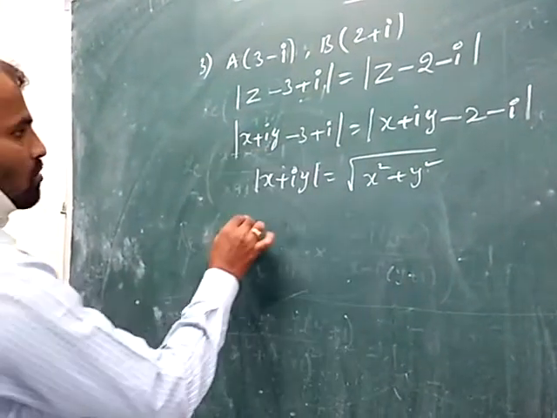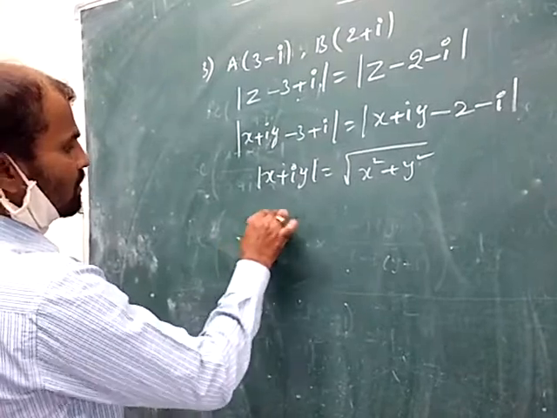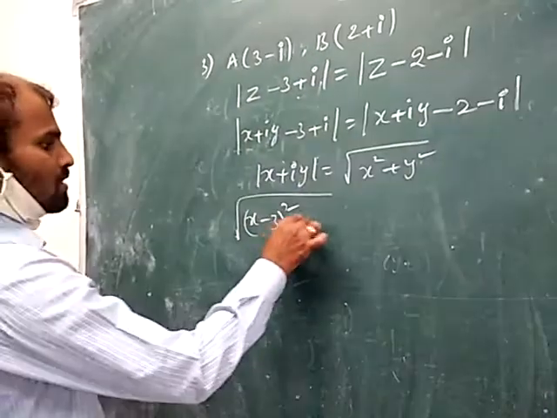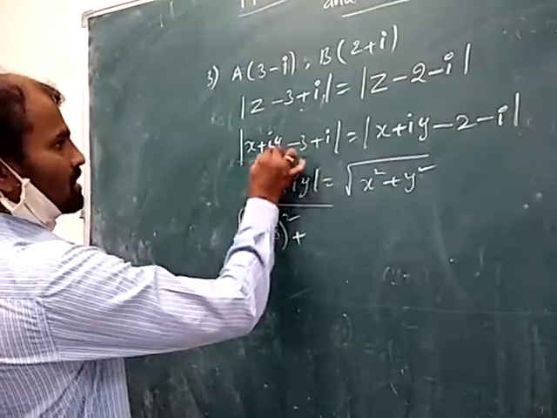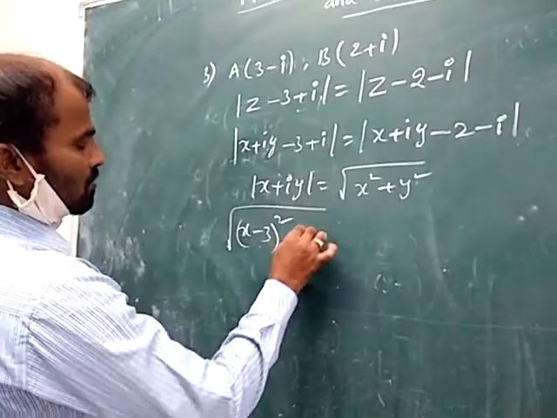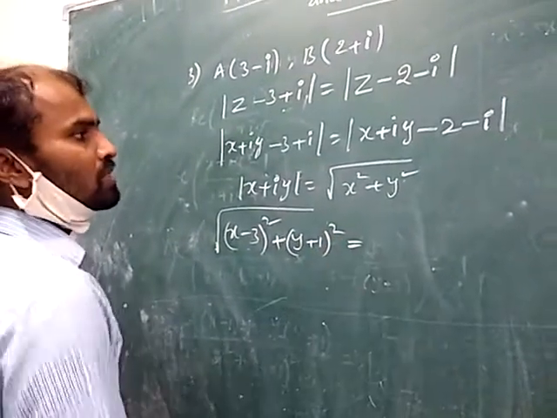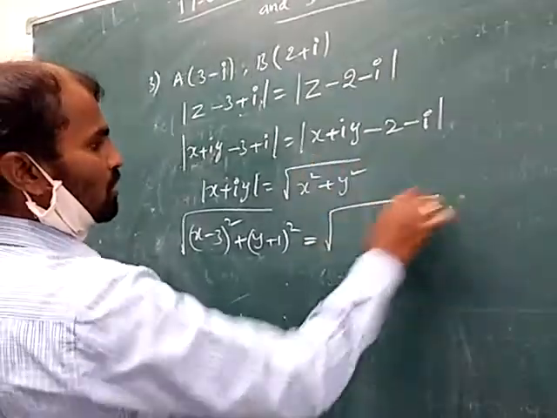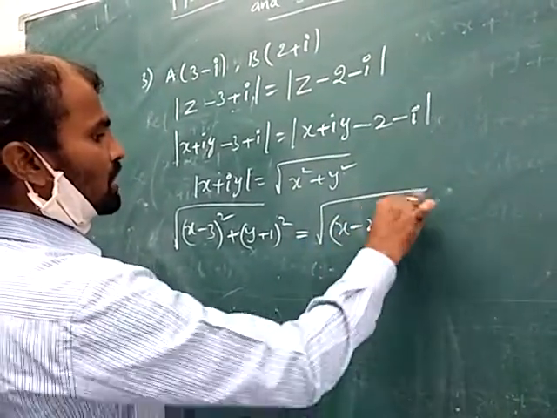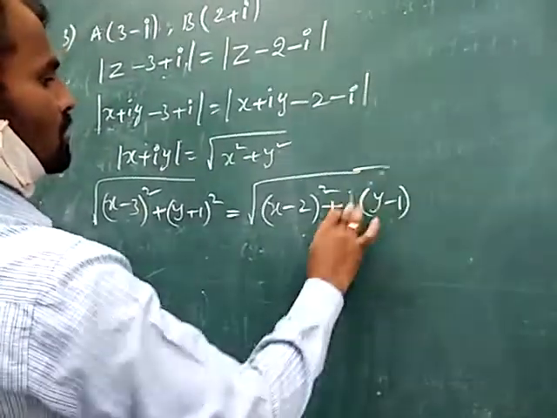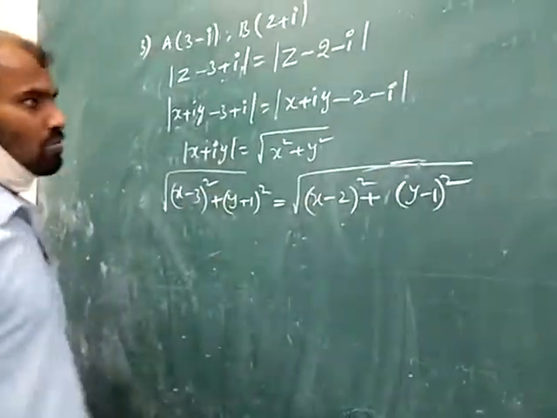Apply that formula to the above to get root over (x minus 3) whole square, the real part square, plus the imaginary part: iy plus i, with i common, then remains (y plus 1) whole square. For this also the same: root over (x minus 2) whole square plus (y minus 1) whole square, modulus.